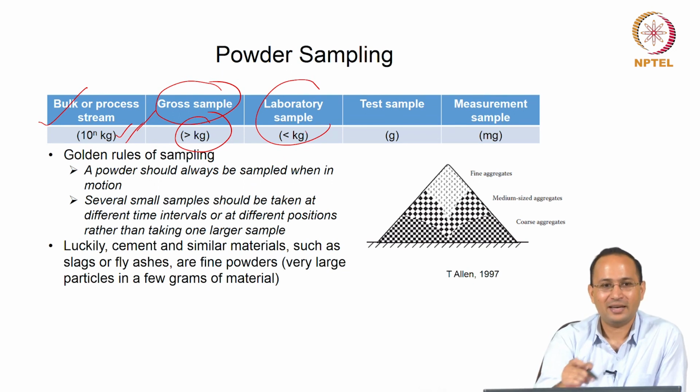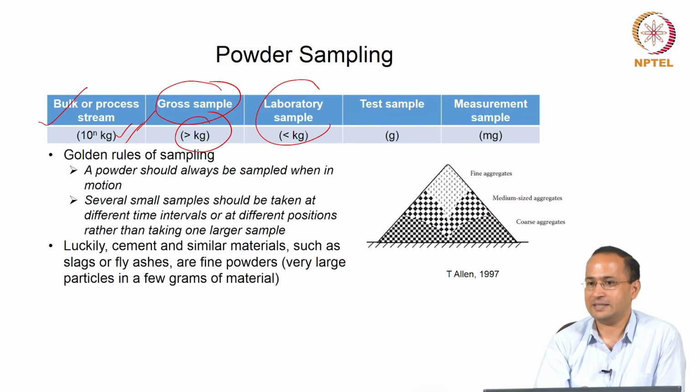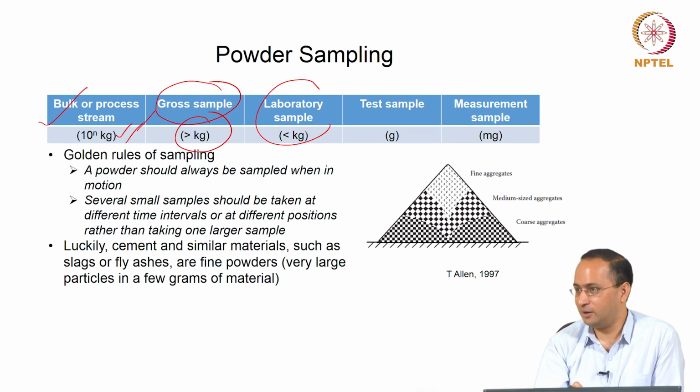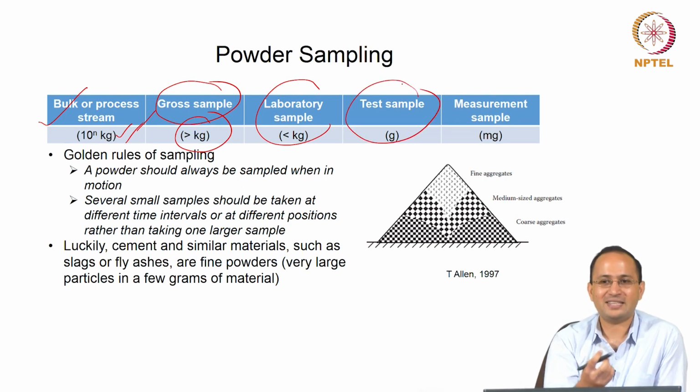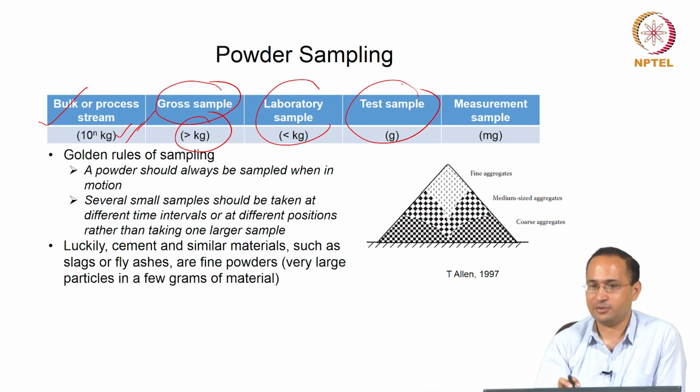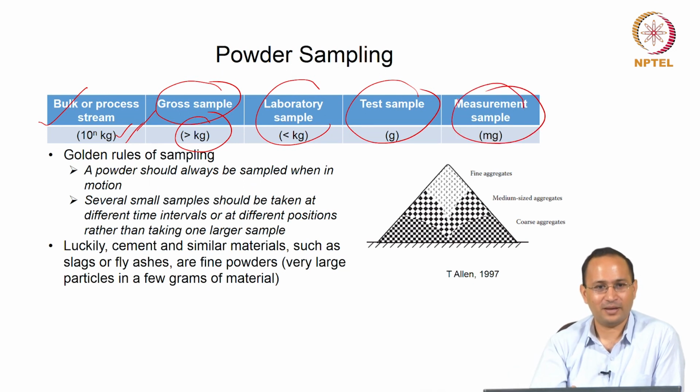It could be less than kgs, right, you are reducing the size, but at the same time it has to be representative. Then from the laboratory sample you will do multiple, different tests, so you need samples for different types, right. Finally, your test sample will be in grams, and each test sample may have multiple measurements. Finally, you are talking about milligrams, right.